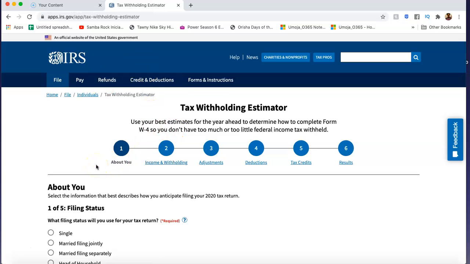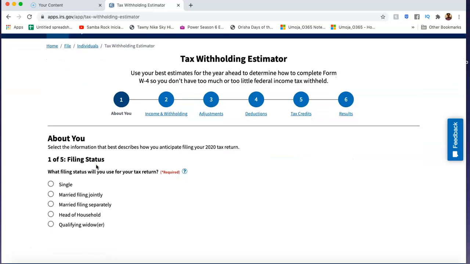The example we're going to use is a single woman making $50,000 on her job. No business, no extra factors in her life that would allow her to pay less in taxes.